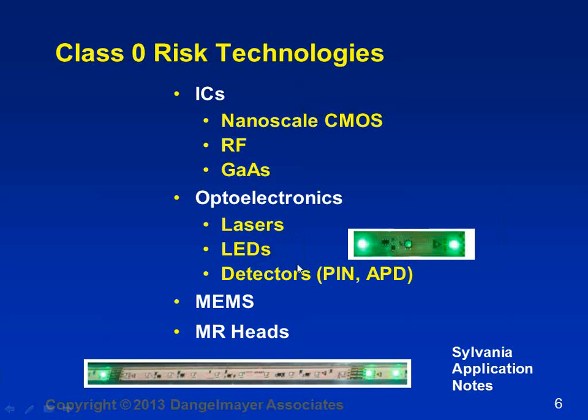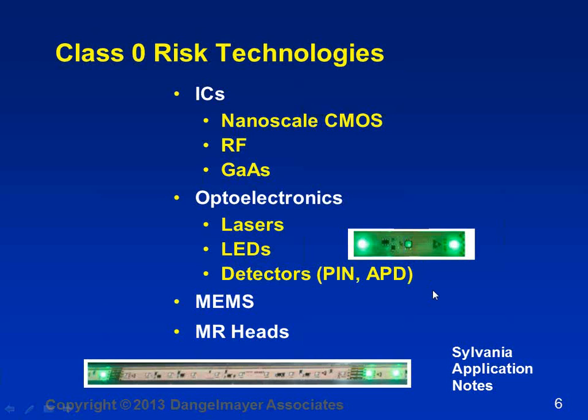Now, looking at LEDs as an example, Sylvania has application notes that I've taken these photos from. You can see here are some LEDs where this one in the center does not have the intensity of the others.